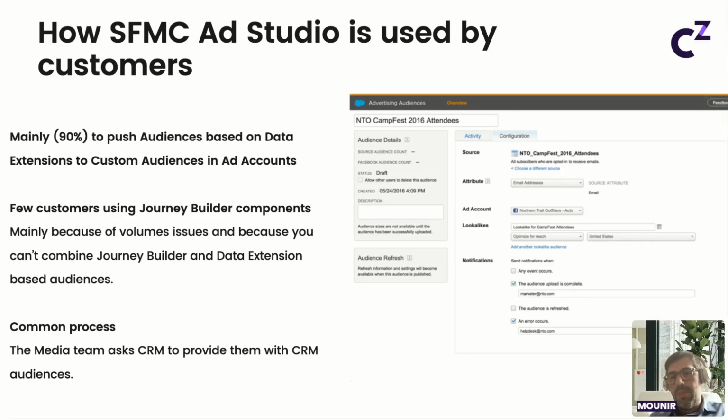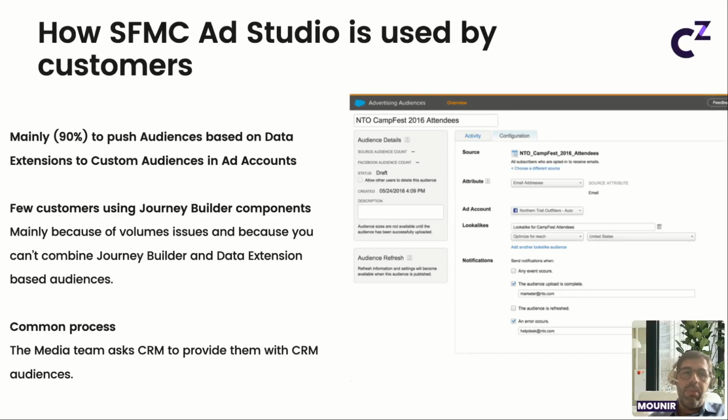And the common process, I'm talking about this because it'll be very important for the migration, is that the media team asks CRM to provide them with CRM audiences for their ad campaigns. So the way it works today, from what I've seen, is you have two separate teams, one handling media, one handling Salesforce Marketing Cloud, and there's just this tool that helps them work together.